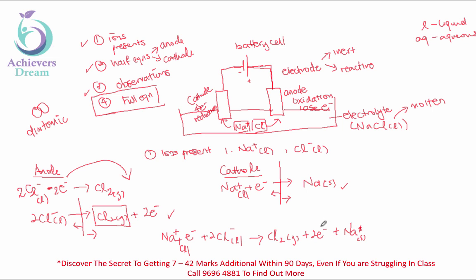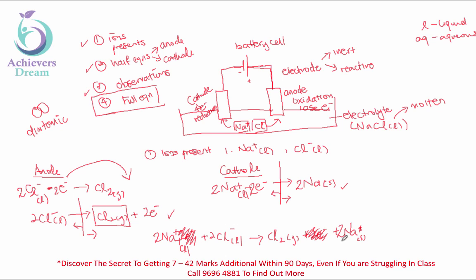From here, you need to balance the electrons. There's 2 here, so there needs to be 2 over here too. So I times 2 throughout. There's 2 here, 2 here, and 2 here. At this point I can cancel the electrons.